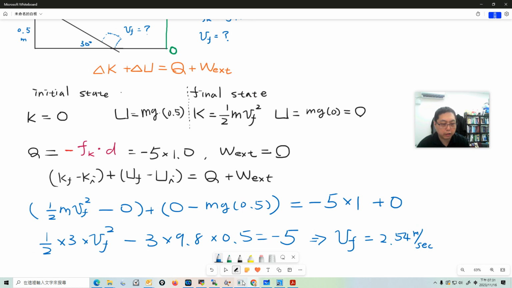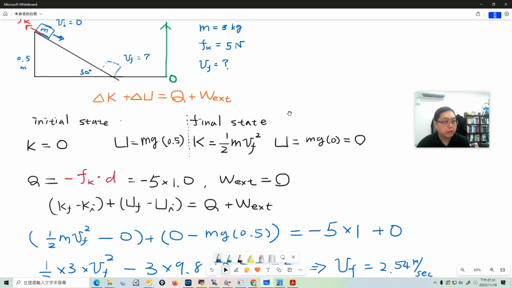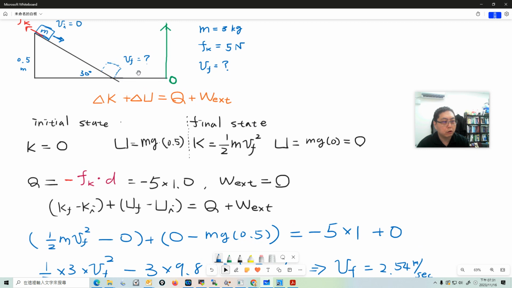The next question is whether it's going to move along the horizontal direction after it hits the ground, and how long it will travel on the horizontal surface. When the object hits the ground, it carries a velocity, which means it also has kinetic energy. It keeps moving on the surface, and this surface still has friction force. Let me draw this.